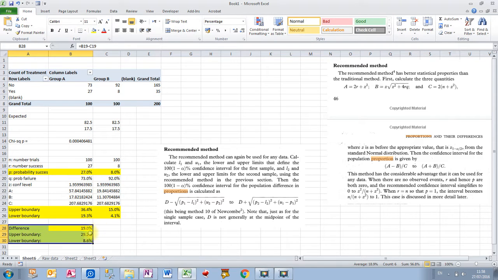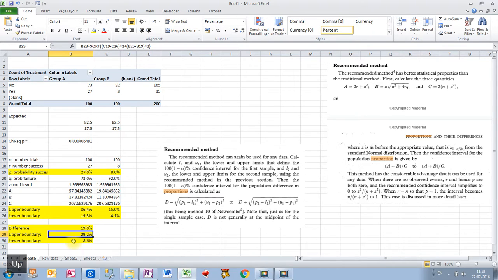So this here is my confidence interval for the difference in success rate for the two groups. So my observed difference is 19% in my sample, and I work out a confidence interval. I can say with 95% certainty that the difference between group A and group B is somewhere between 8% to 29%.